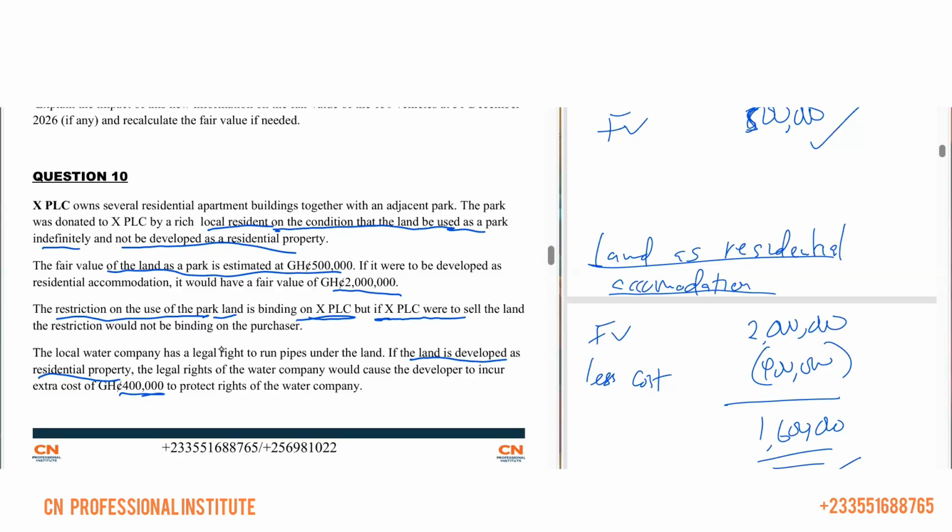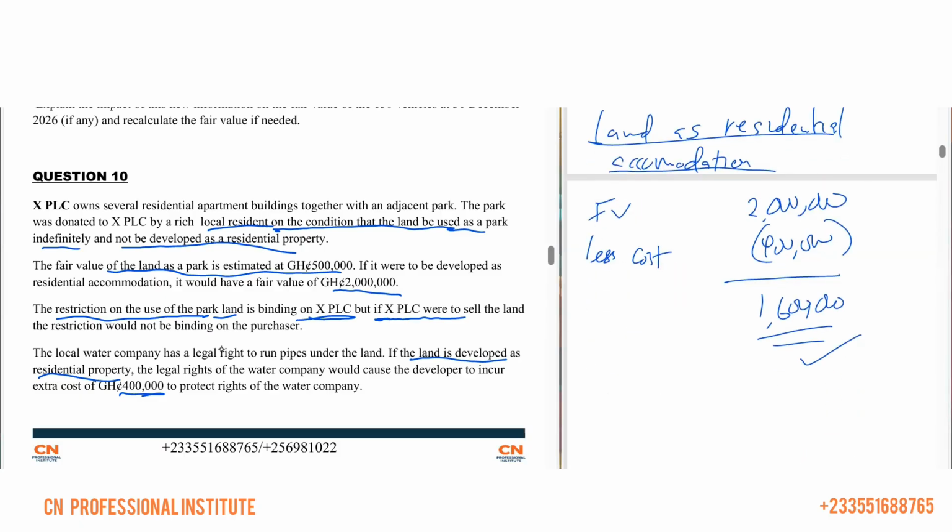It's just some condition attached by the donator, and that condition will not be passed on when it is sold. Therefore, we are going to ignore that, and conclude that the highest and best use is 1,600,000.